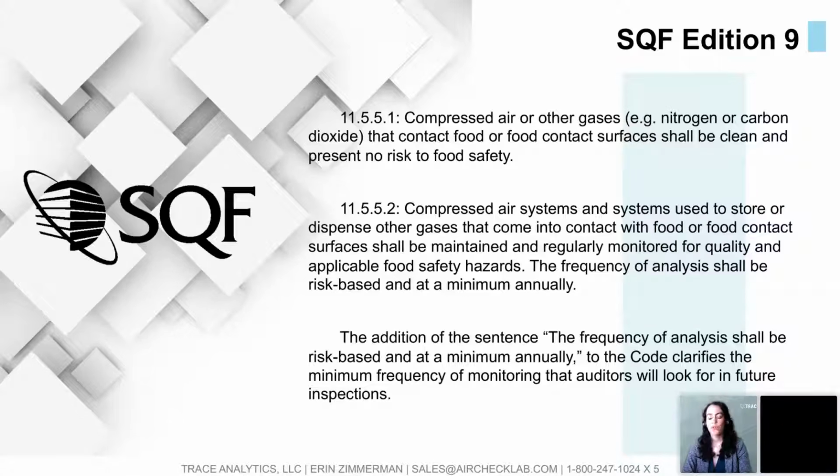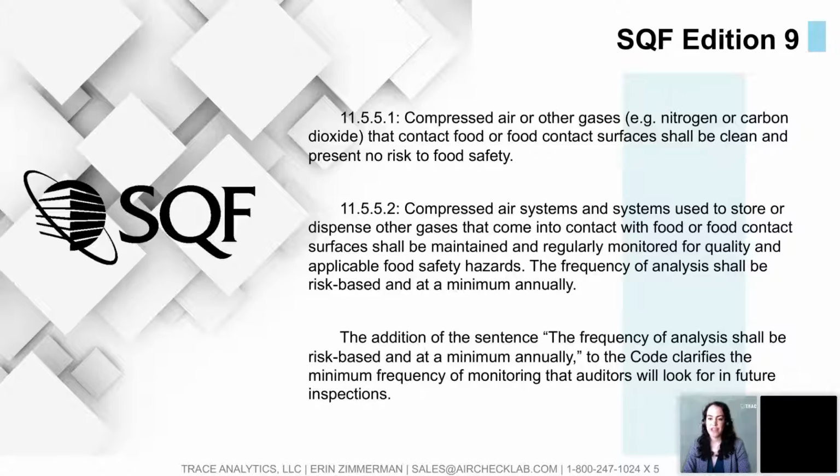So 11.5.5.1 says, compressed air and other gases like nitrogen, carbon dioxide that come into contact with food or food contact surfaces shall be clean and present no risk to food safety. Shall is the key word in these instances.